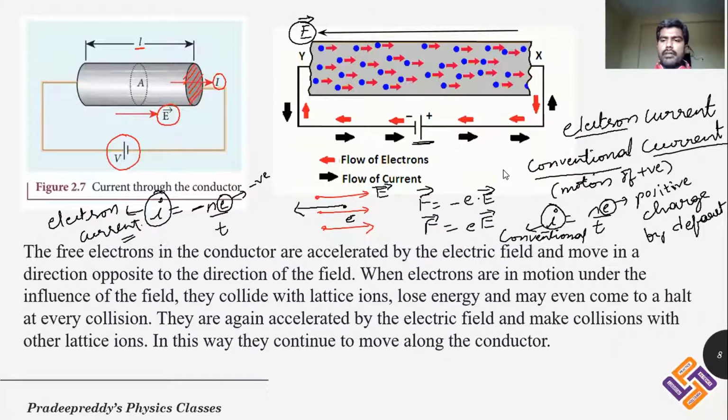So by default, you need to take it as conventional current, which is opposite to that of the electron current. So as clearly you can understand, electrons are moving from negative terminal to positive terminal. Therefore, current is in the direction which is from positive terminal to negative terminal. This is conventional current.